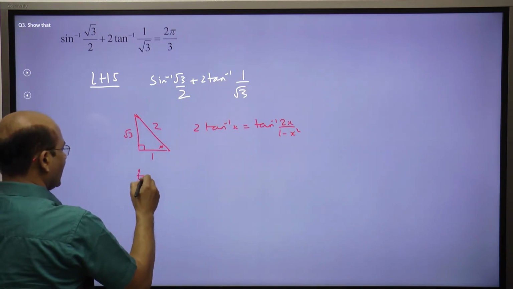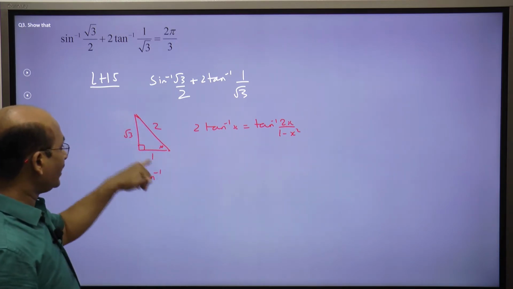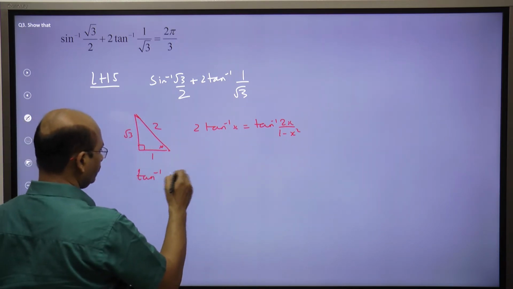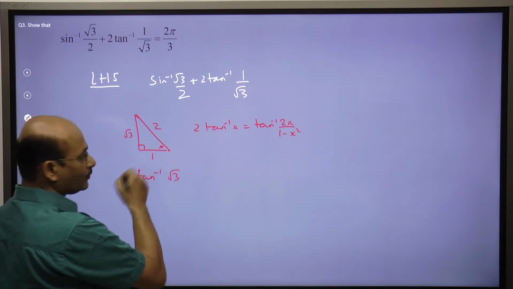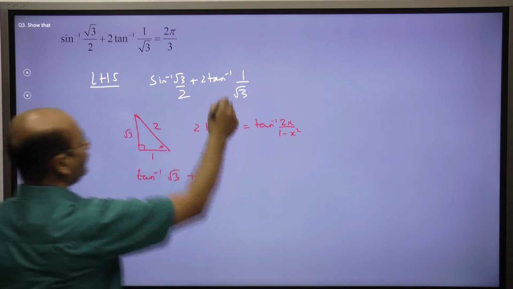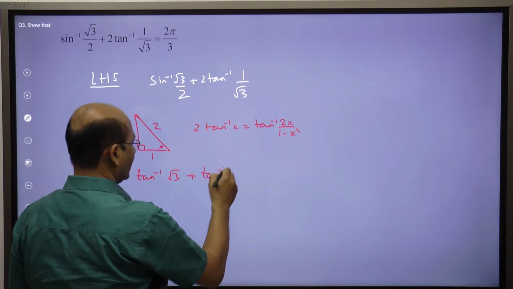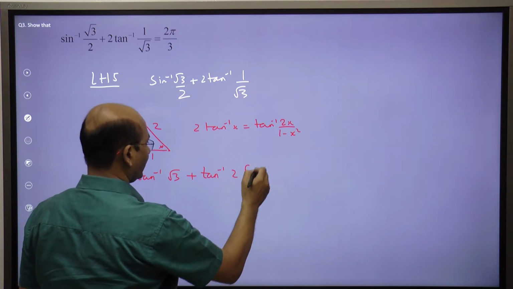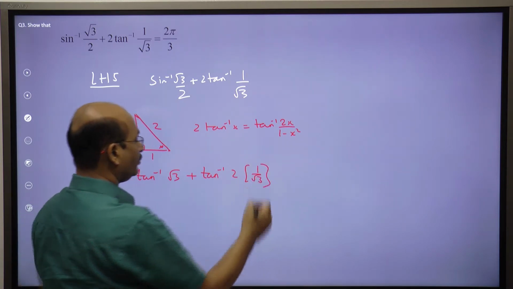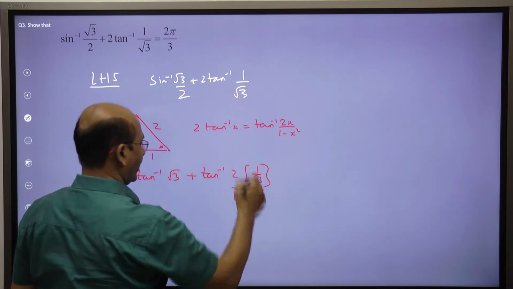So this will become tan inverse. Don't worry, tan is nothing but opposite upon adjacent. So root 3 upon adjacent, that is 1, plus now 2 tan inverse x. So sorry, 2 tan inverse x will become tan inverse 2x. So what happens now, this will become tan inverse 2 into x, x is 1 upon root 3, don't mix up, upon 1 minus x square.